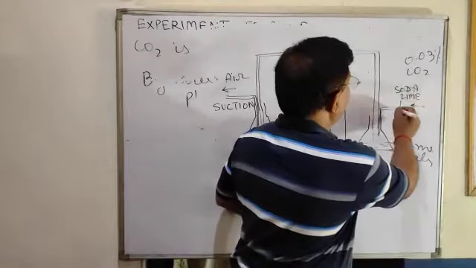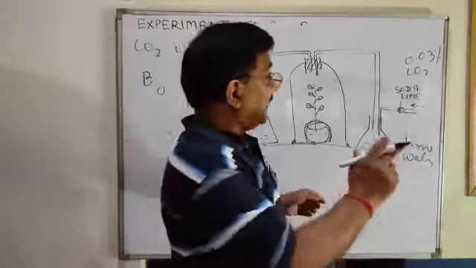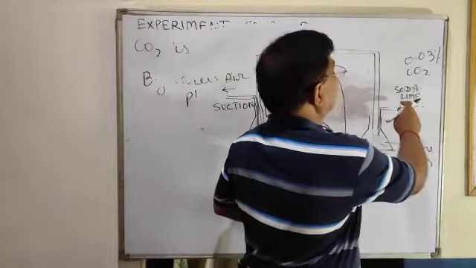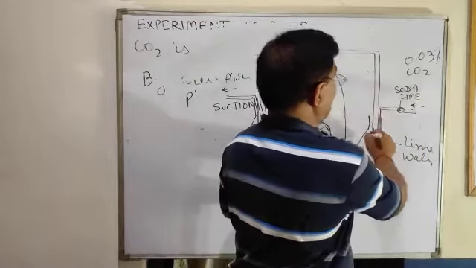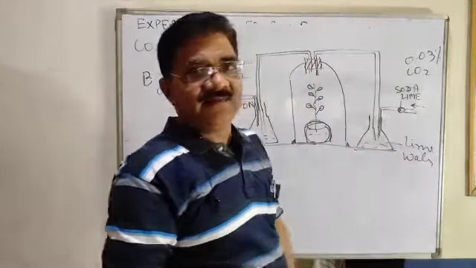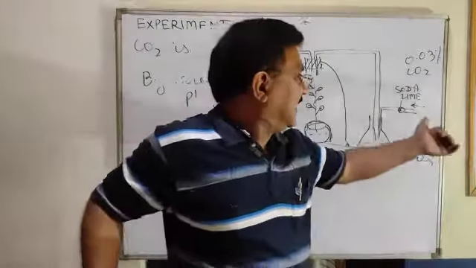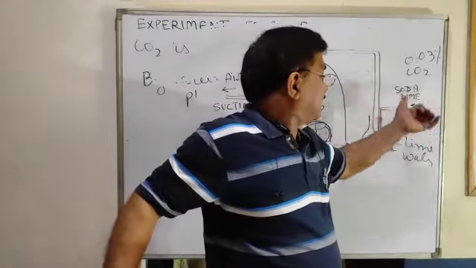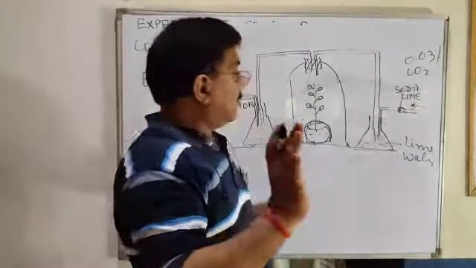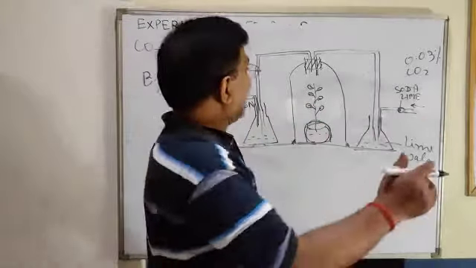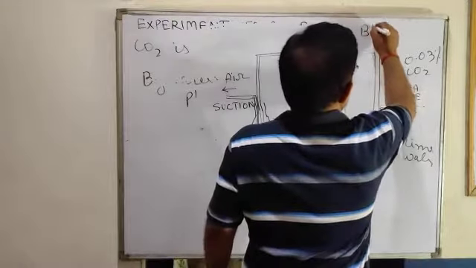So air containing other gases except carbon dioxide is coming into this conical flask in which lime water is there. Lime water will remain as usual because carbon dioxide was already absorbed by the soda lime, and the air containing other gases except carbon dioxide enters this bell jar.